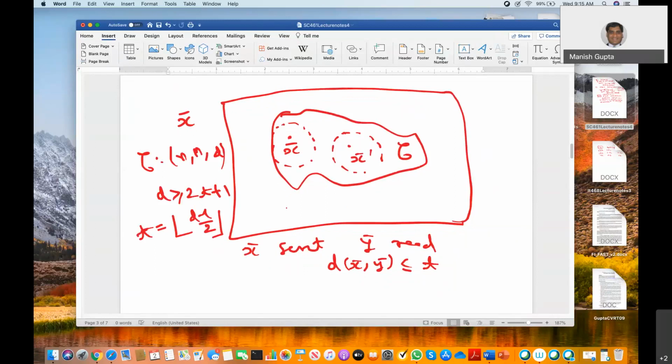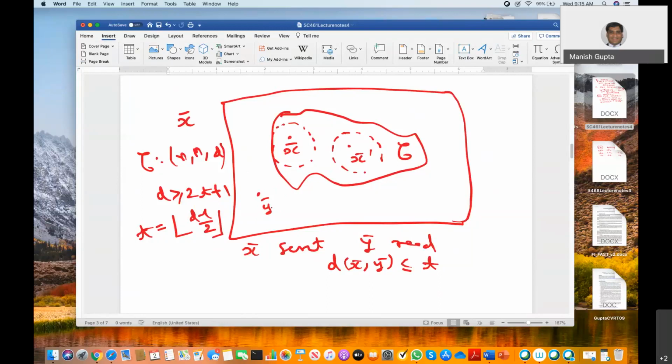Suppose Y is outside C, then we know that we cannot correct it. It has to be inside C. Now you see that these spheres are disjoint. X is sent, Y is received, t errors occur.